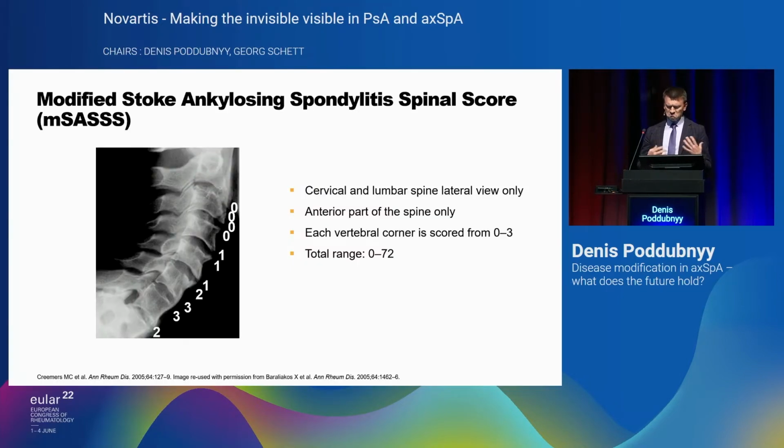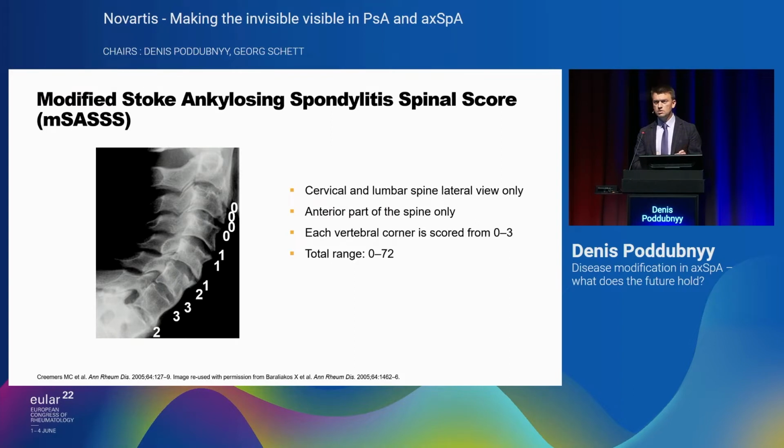So it's a little bit better for the spine, where we have the mSASSS score. Here, the reliability of the assessment is quite good, but the issue with the mSASSS is probably we assess only a small part of the structural damage occurring in the spine.